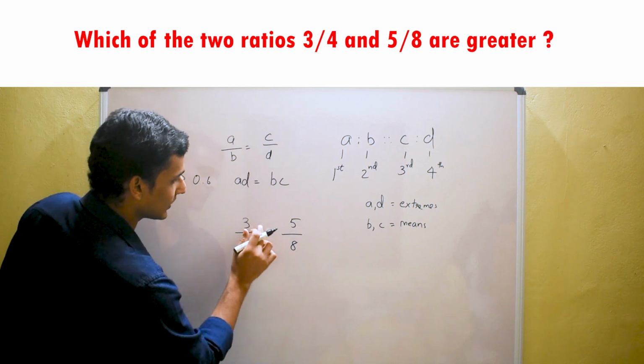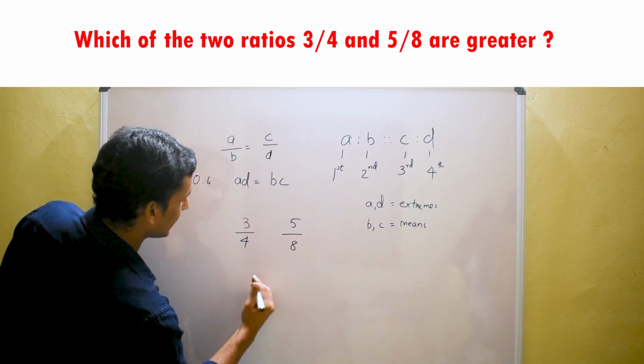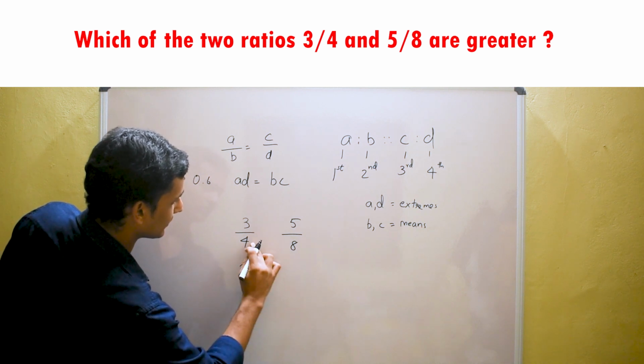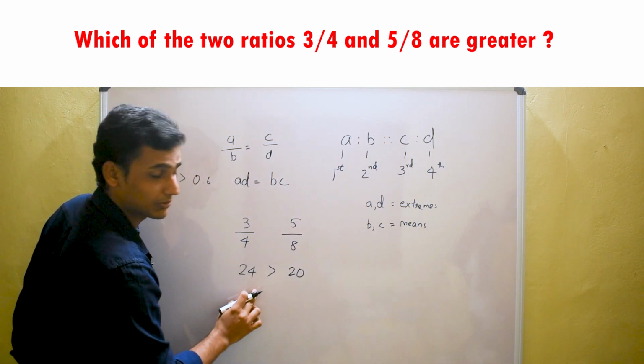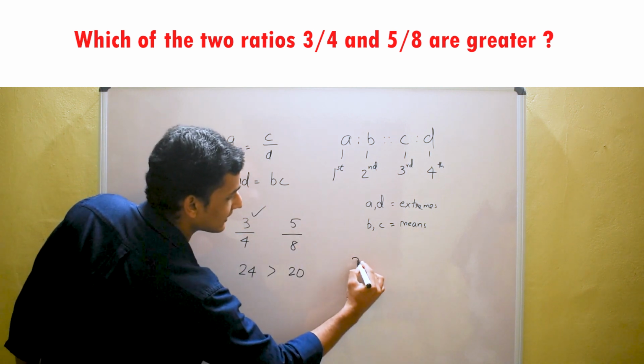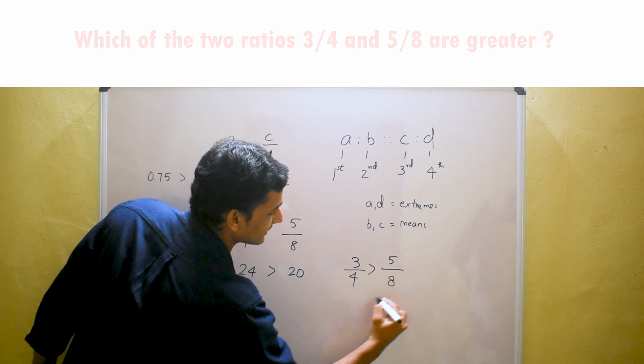But we can do like this: 3 by 4 and 5 by 8, cross multiply, 3 into 8, 24, 4 into 5, 20. So 24 is greater than 20. That means 3 by 4 is greater than 5 by 8.